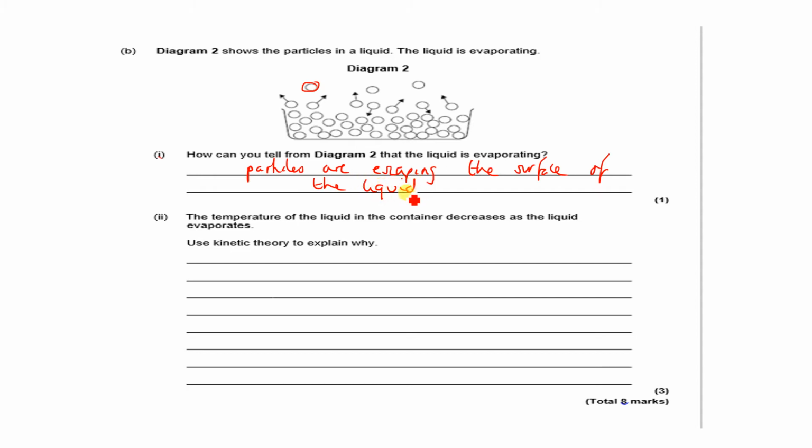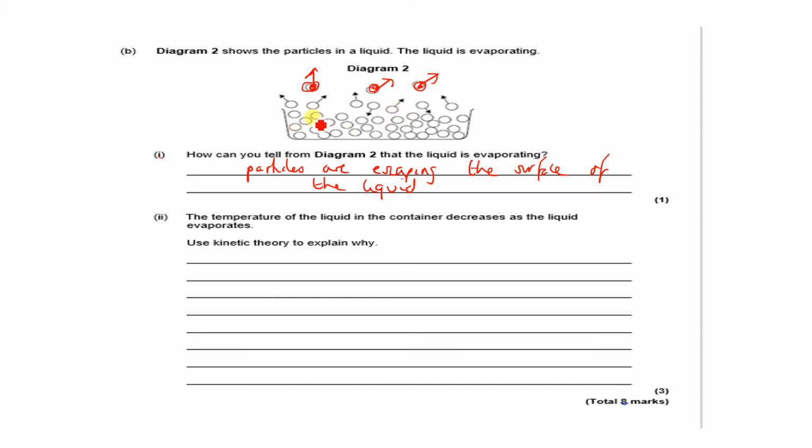Okay, the temperature of the liquid in the container decreases as the liquid evaporates. So again, this is not something you specifically have to know about, but I'm going to explain why temperature decreases when things evaporate anyway. So if you imagine that these particles that have escaped the liquid have got high energy, they are taking the energy away from the liquid. So if the high energy particles escape, they are going to leave the particles that are left behind with a lower average kinetic energy.